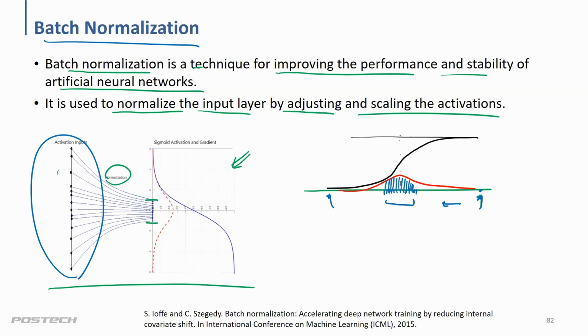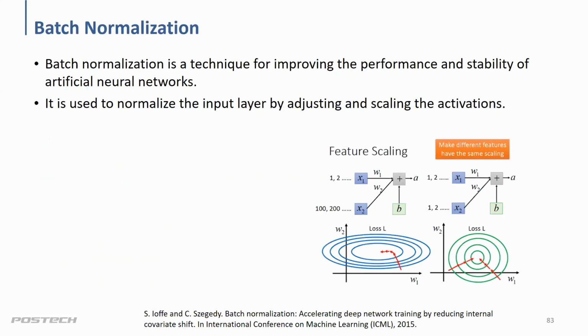Another reason is that if the neuron values are in different spaces, this normalizes their behavior. And another reason batch normalization is good: you remember when I talked about the step size alpha.